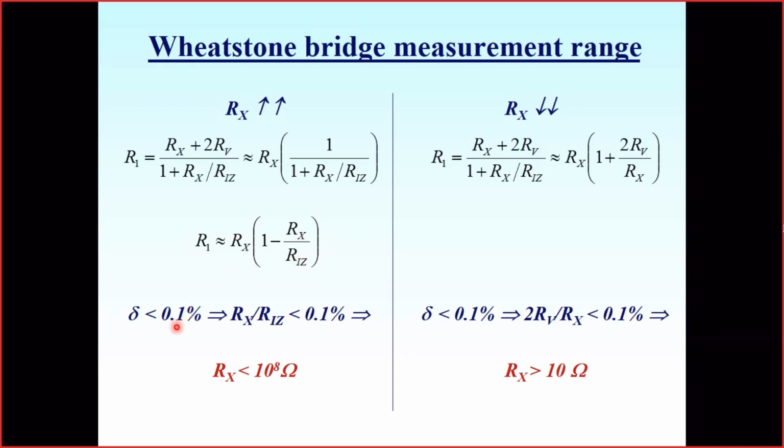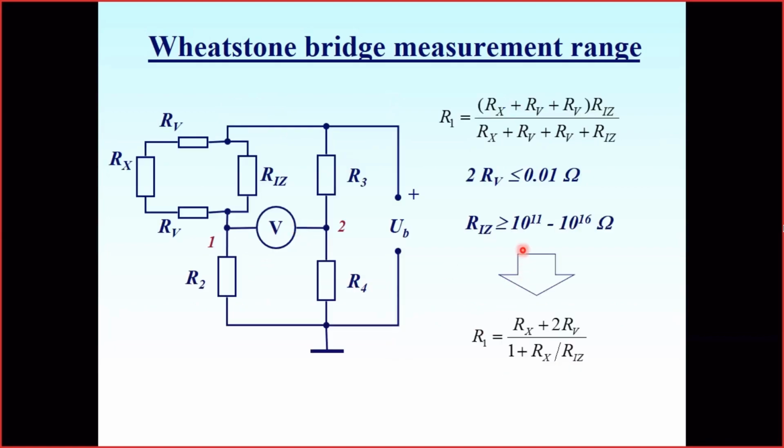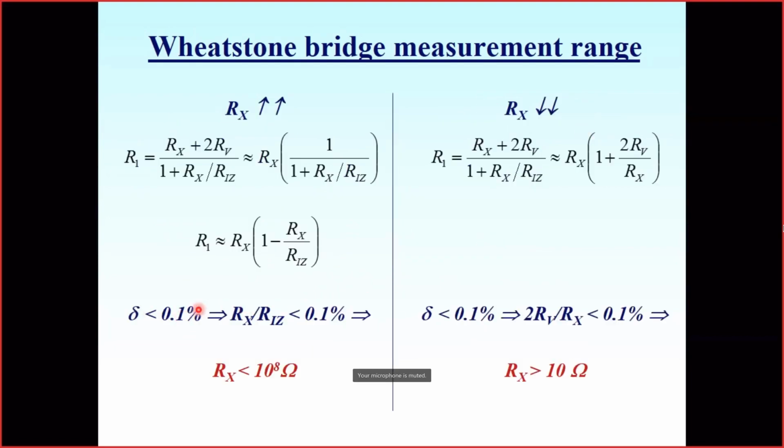In fact, I speak about 0.1%, but it is actually 1/1000th without percent. So if I require that this ratio should be 1/1000th or less, I will get the maximal Rx, taking the poorest situation with the smallest isolation of 10 to the power of 11 plus 3 order. From this 1/1000th, I get that resistance Rx should be less than 10 to the power of 8.